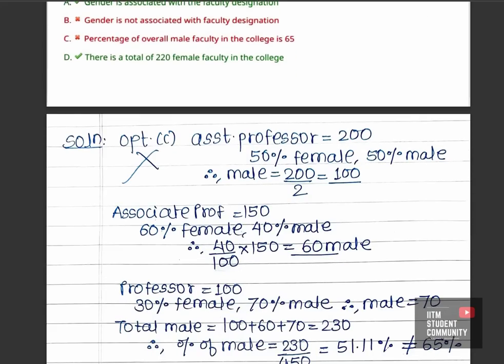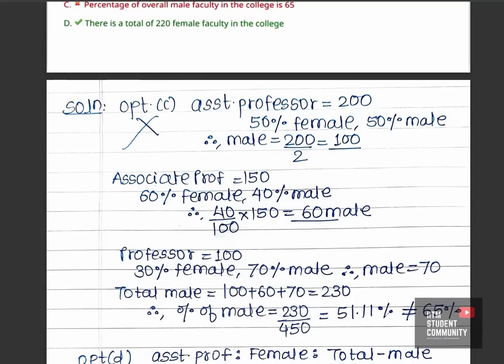Now the total number of assistant professors in the college equals 200, and in that we have 50% male and 50% female. So the number of male faculty turns out to be 100.